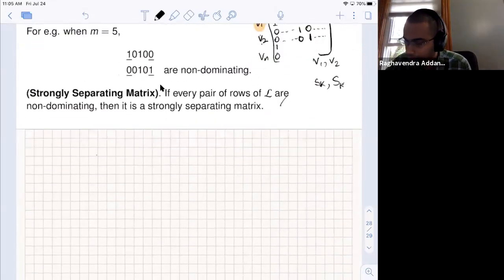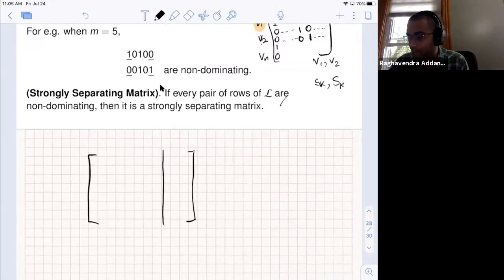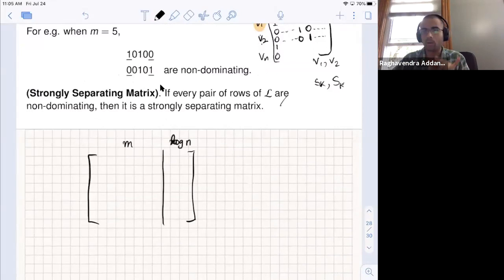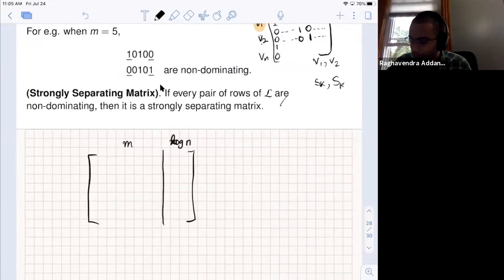So the matrix which we use is built on the following intuition. Suppose we have m interventions that we are allowed, and we are given extra log n bits that we can use. Then we can make this matrix strongly separating.